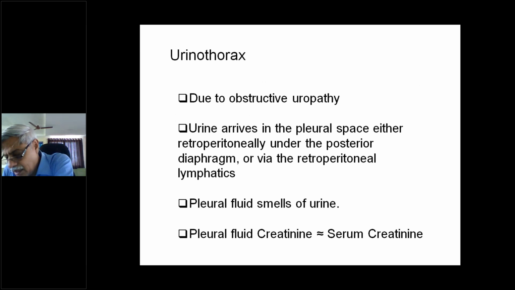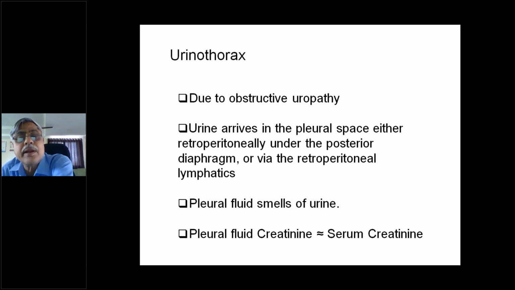There is another condition known as urinothorax, because in case of obstructive uropathy, the urine arrives in the pleural space. It may occur retroperitoneally under the posterior diaphragm, because, as I told you, in ascites like in cirrhosis of liver, the ascitic fluid enters into the pleural space.